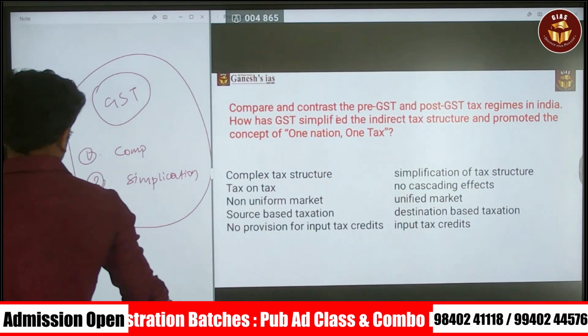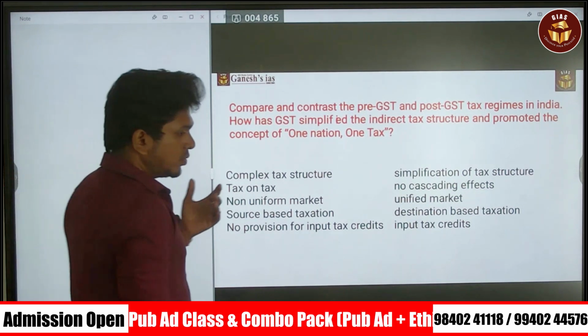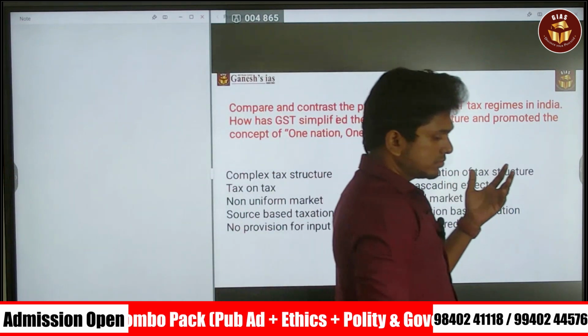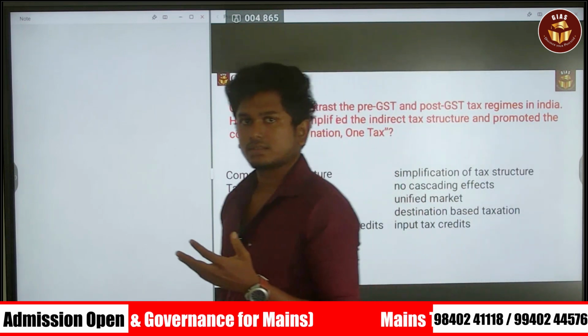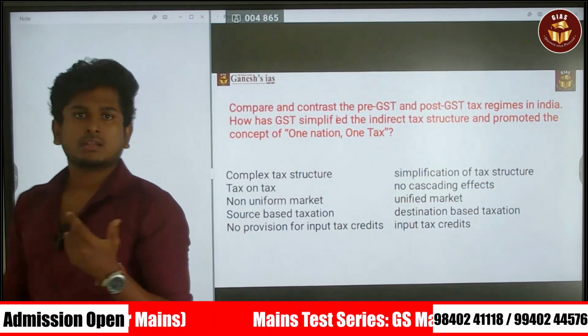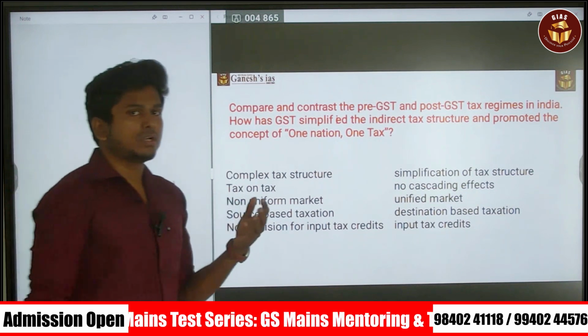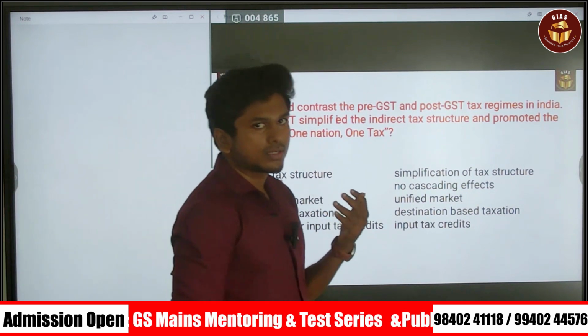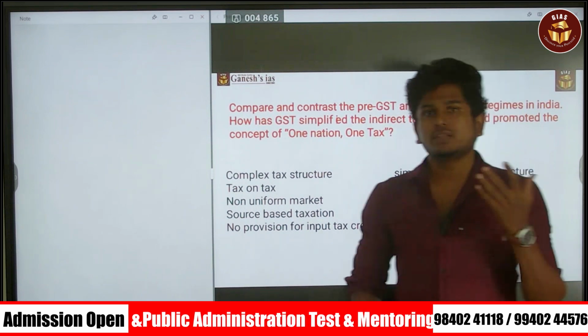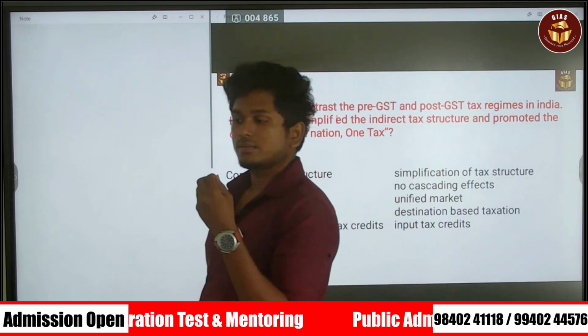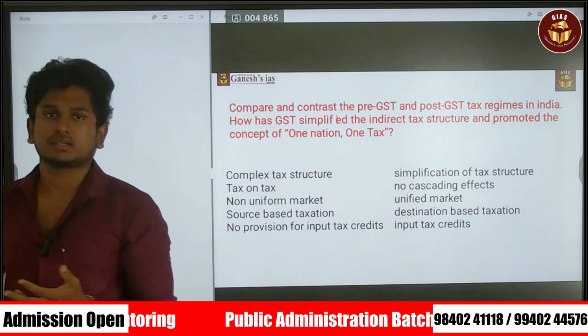Okay, so first is the intro. It can be like: the 101st constitutional amendment gave the way for the GST. You can say that, or you can say that by the effect of the government, that is the creation of a unified market in the name of one nation, one tax, by passing the act called the GST Act.